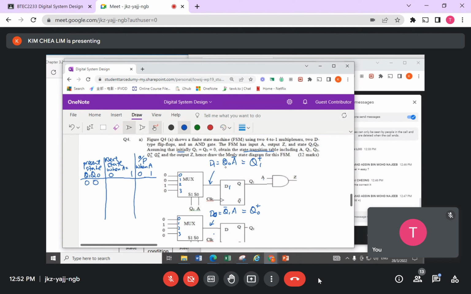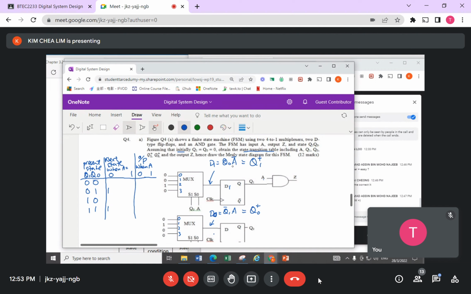So very fast, we can do it. Now, this one here, A must be a 0. A must be a 0, Q must be a 1, then only I get a 1. So for this part, we need to make the condition fulfill the expression, then we can fill in a 1 for D1. We do the 1 first. A must be a 0, yes. Q0 must be a 1.